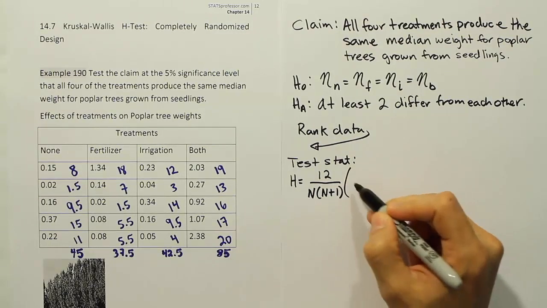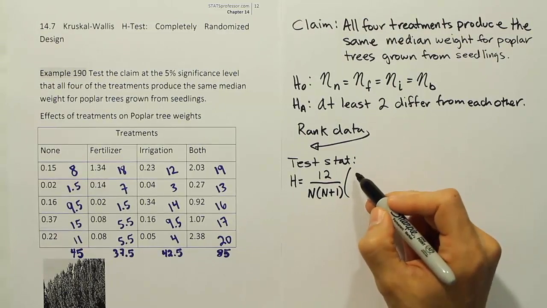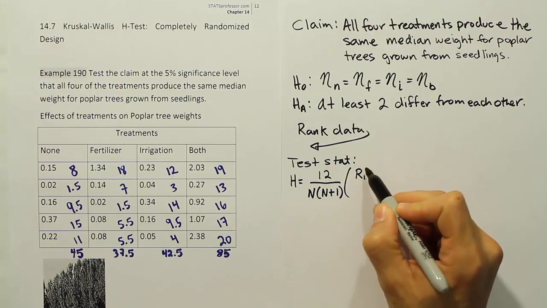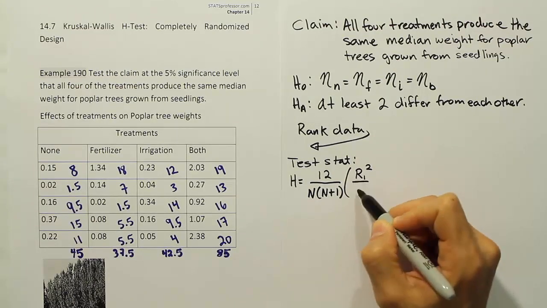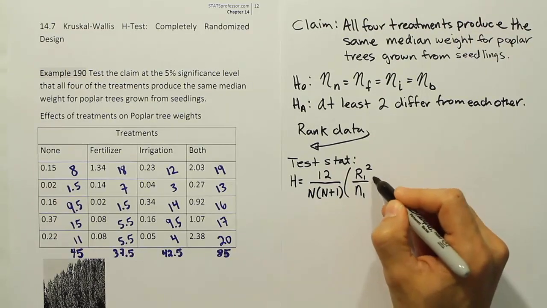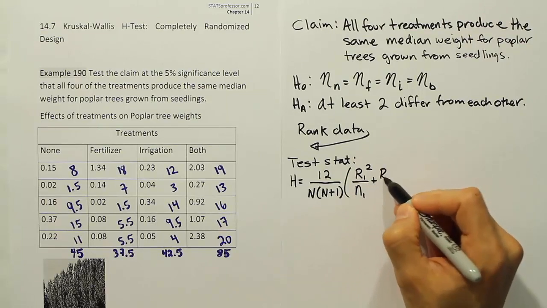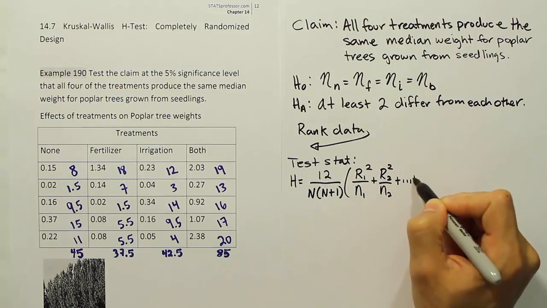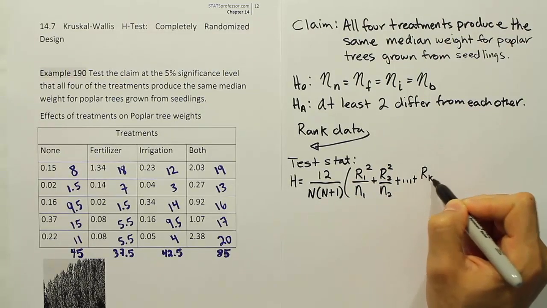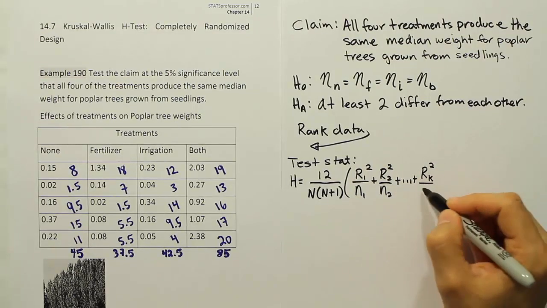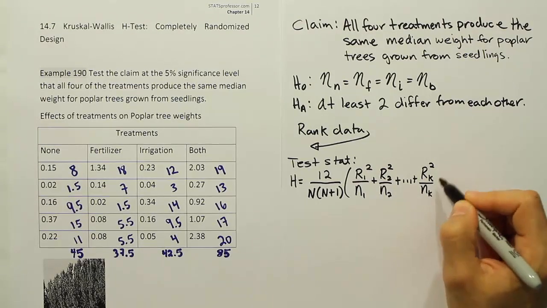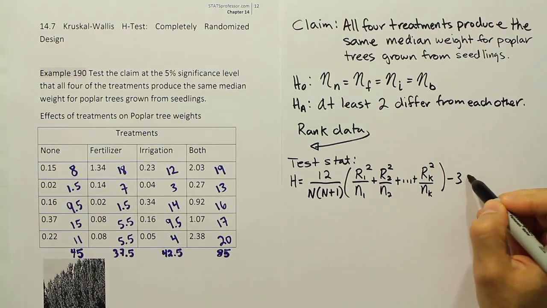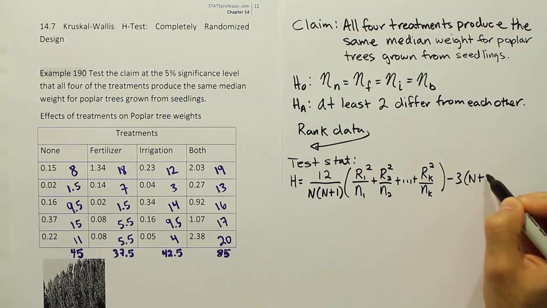Then we have something very similar to the sum of squares for treatments in the ANOVA procedure: the rank total for the first treatment squared divided by the sample size for that treatment, plus the rank total for the second treatment squared divided by its sample size, plus all the way down to the kth treatment divided by its sample size. Then from there you just subtract off 3 times n plus 1.